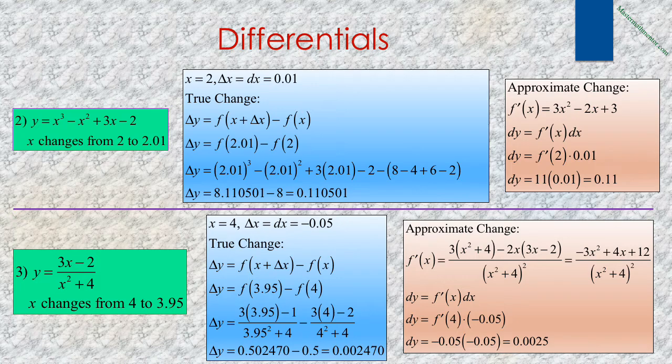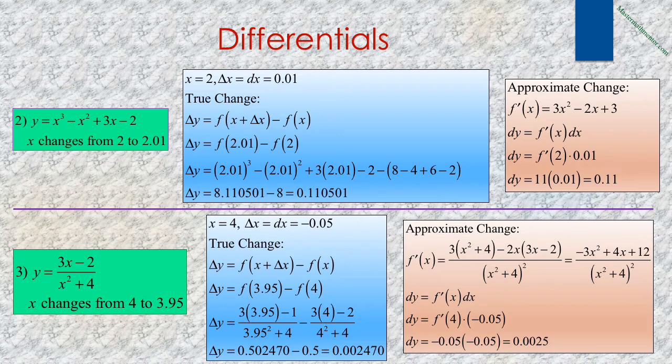To find our approximate change, we find dy. We start with f prime of x. Using the quotient rule, it is the quantity 3 times x squared plus 4 minus 2x times 3x minus 2, all over the quantity x squared plus 4 squared. And this gives negative 3x squared plus 4x plus 12 over the quantity x squared plus 4 squared.